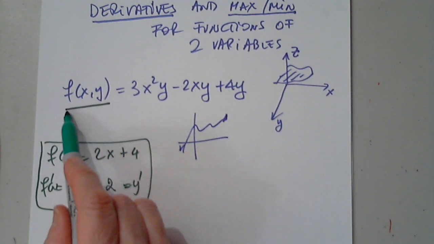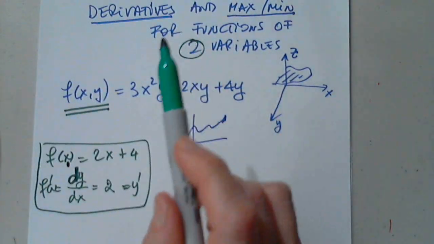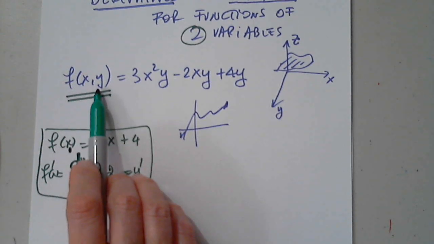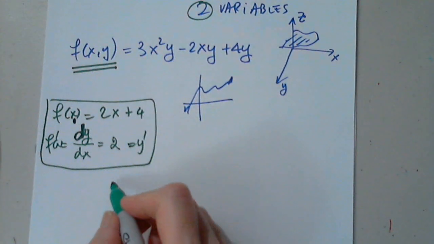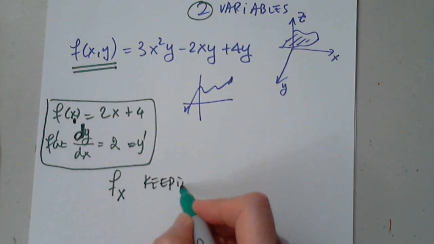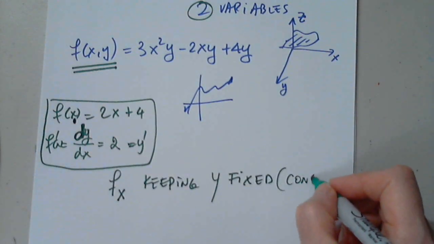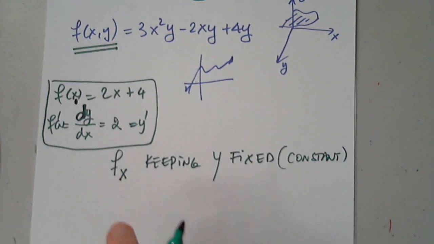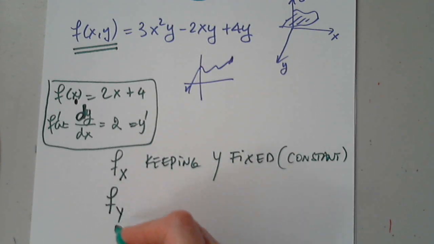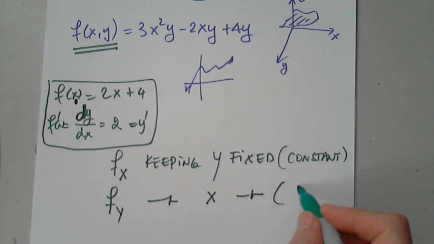If I want to differentiate a function of 2 or more variables, but we're only looking at 2 variables, I can only differentiate with respect to x, keeping y fixed, like constant. And that is called fx.